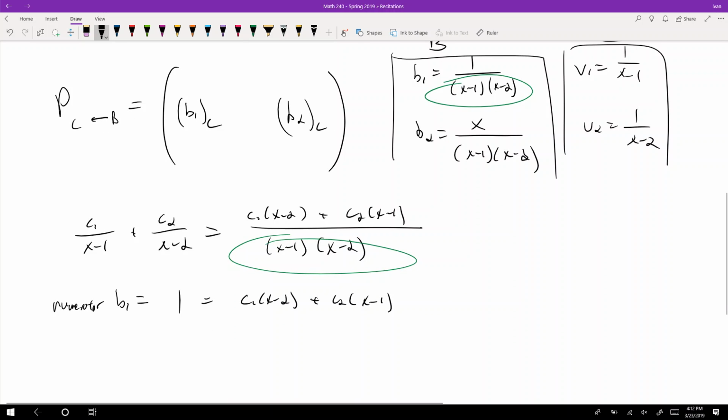Does anyone see a combination of c1 and c2 that would get me 1 in the numerator? Yeah, minus 1 and positive 1. If I let c1 equal negative 1 and c2 equal 1, then I'll get 2 minus x plus x minus 1. The x's cancel, and that's going to be 1. So B1 is equal to negative 1, 1 in basis C.